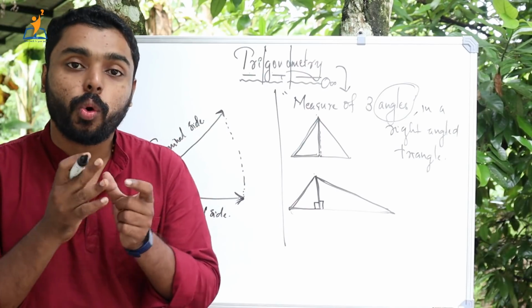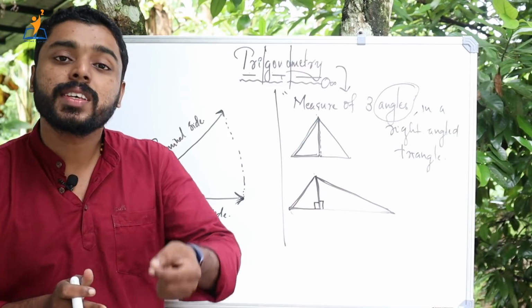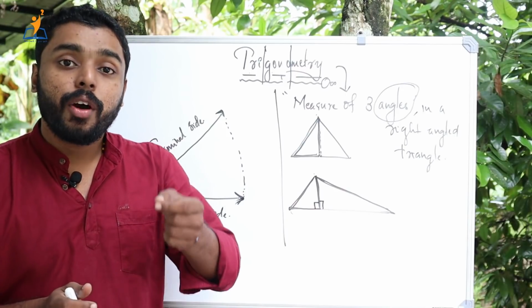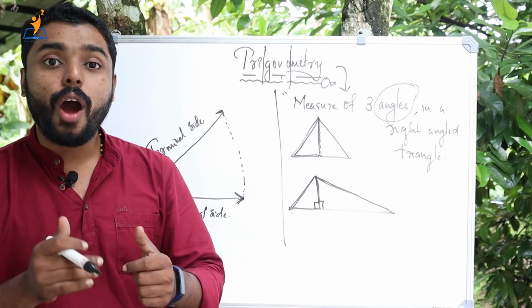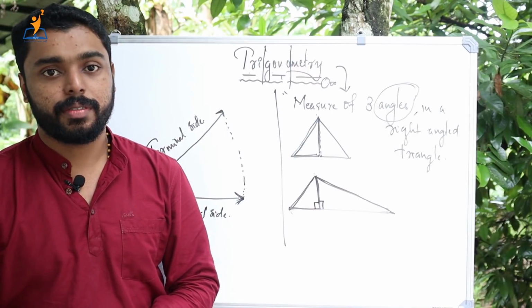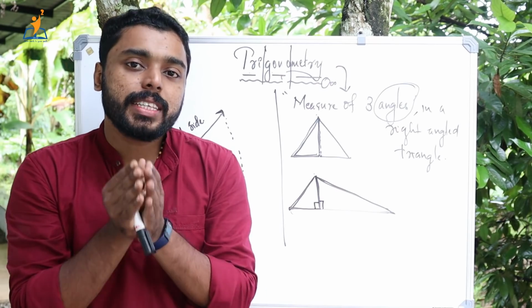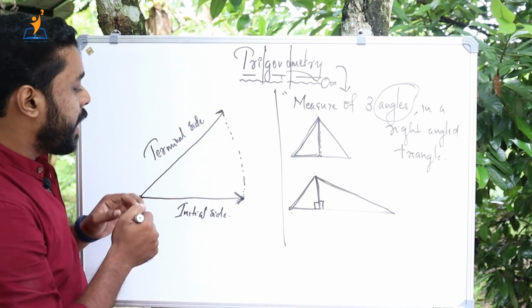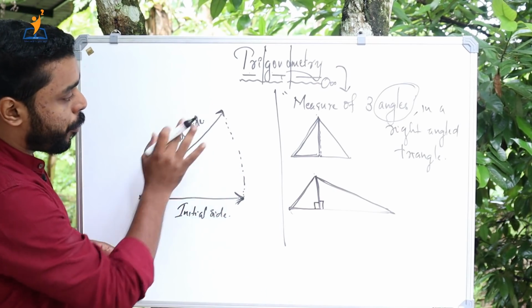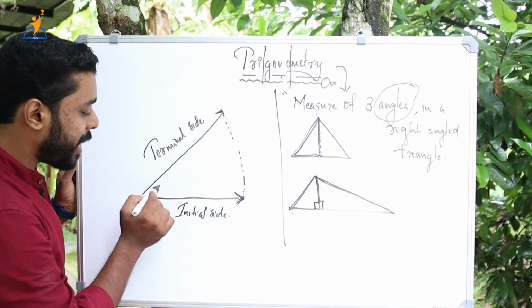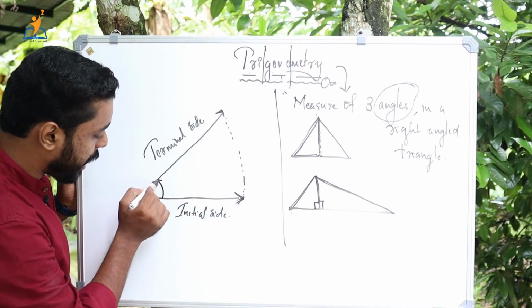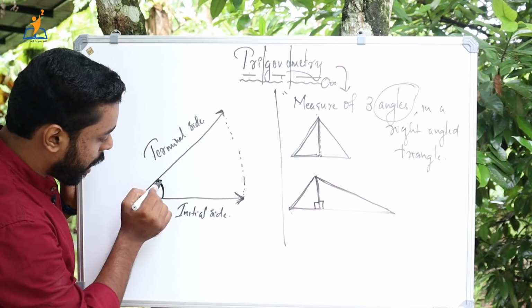The initial side is the original position of the ray, whereas the terminal side is the final position of the ray after our rotation. Now we know what the initial side and the terminal side of a ray are. Here the amount of rotation performed can be measured in terms of this angle.